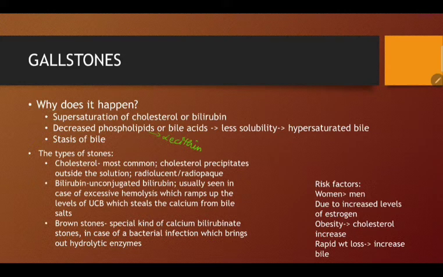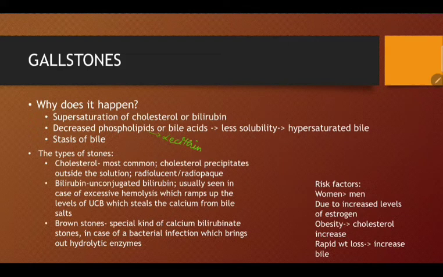And so there's hypersaturated bile. Or if there's stasis of the bile, so there's too much time, the electrolytes like calcium will bind with conjugated or unconjugated bilirubin, mostly unconjugated bilirubin, and lead to gallstones.